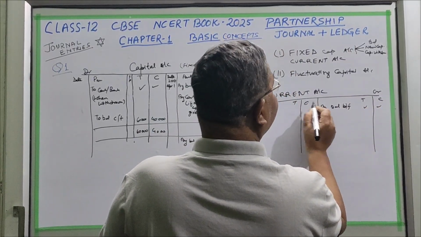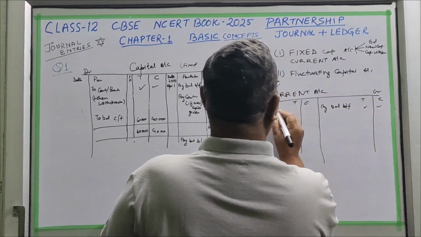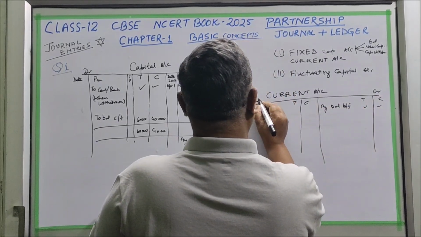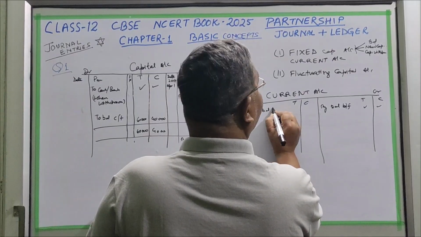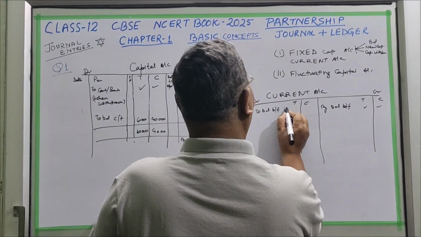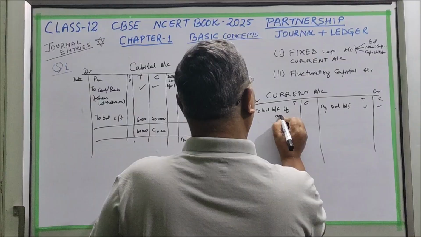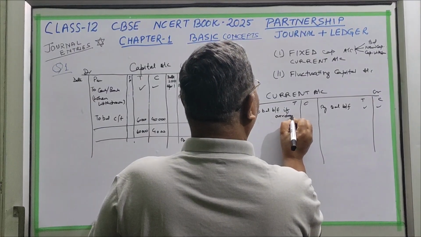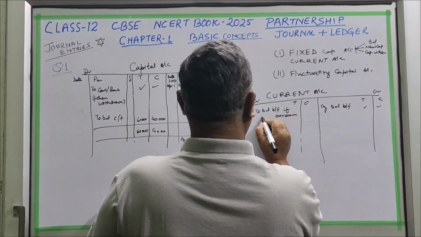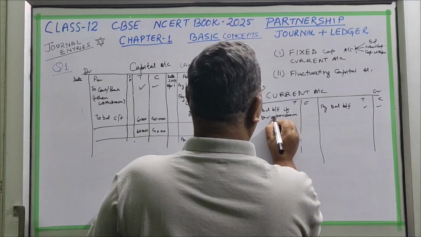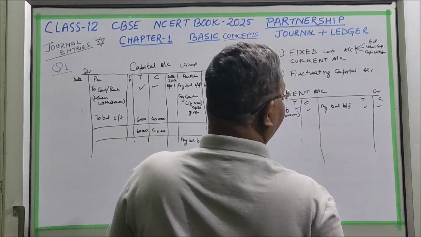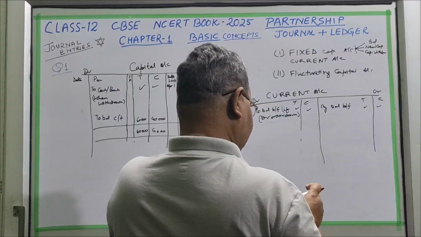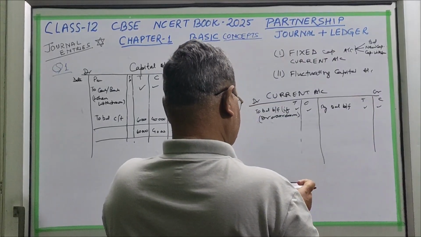And if it is overdrawn, debit means overdrawn, so to balance brought forward, if debit or overdrawn, then only it comes here. Okay, so in the question we are going.